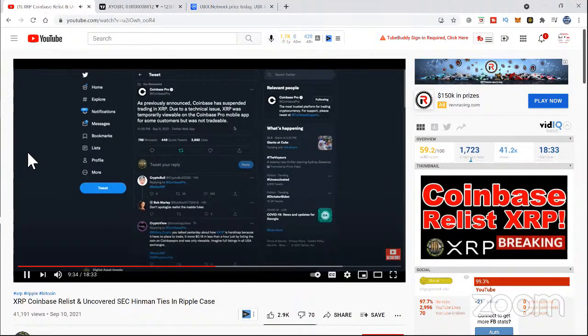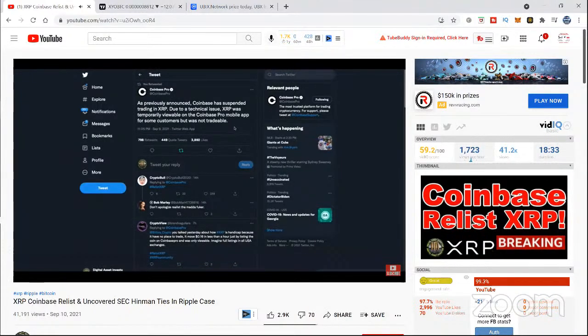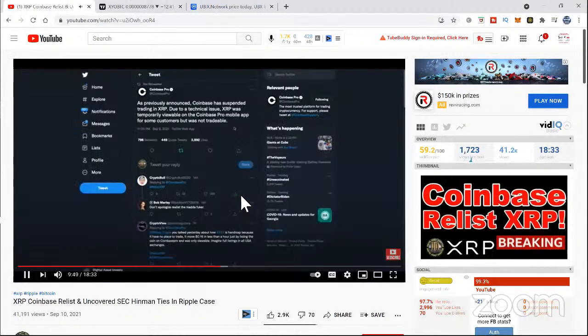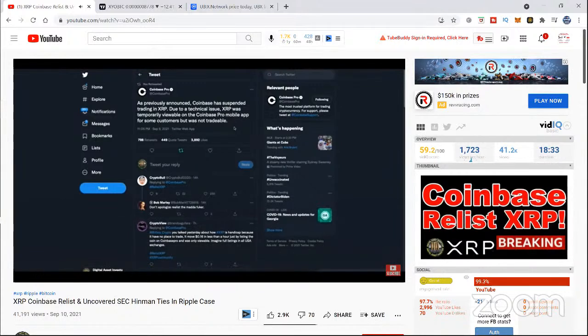Yesterday evening, I was sitting watching TV, minding my own business, when all of a sudden, I started getting texts that XRP was going nuts. And here's why it did it. XRP went nuts last night because on Coinbase Pro, all of a sudden, out of nowhere, some trading pairs for XRP showed up that were not there.